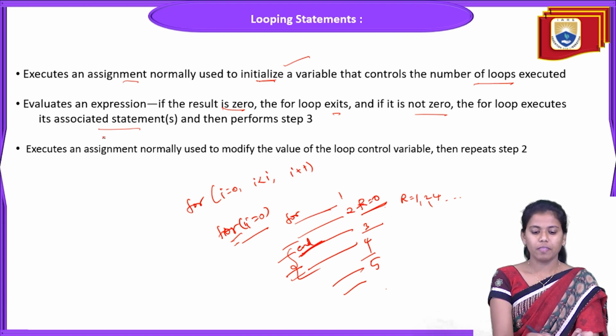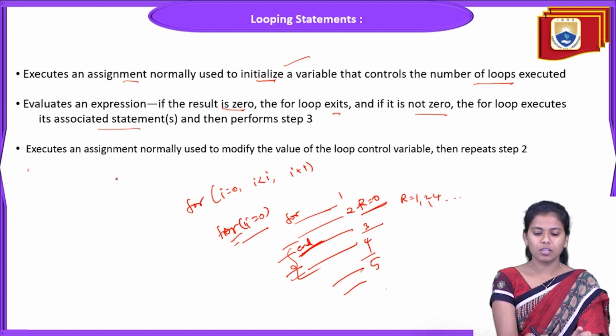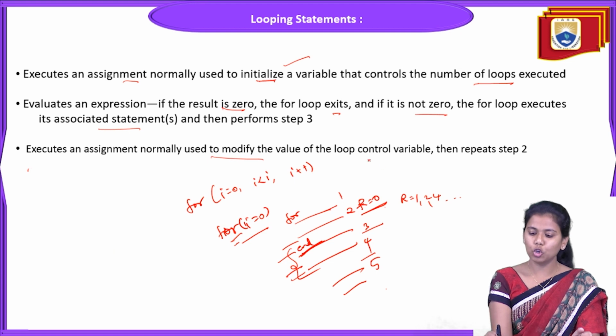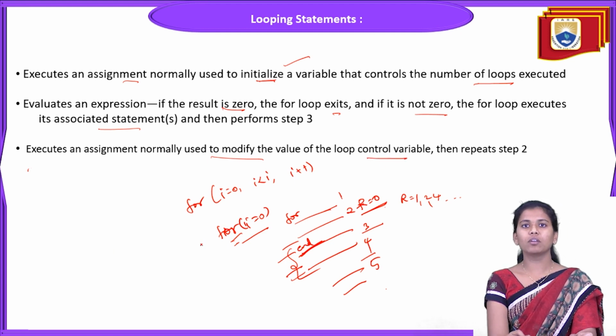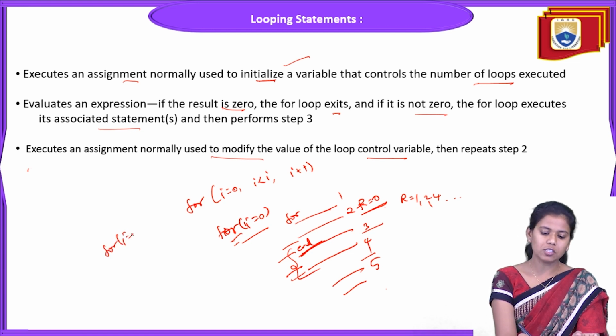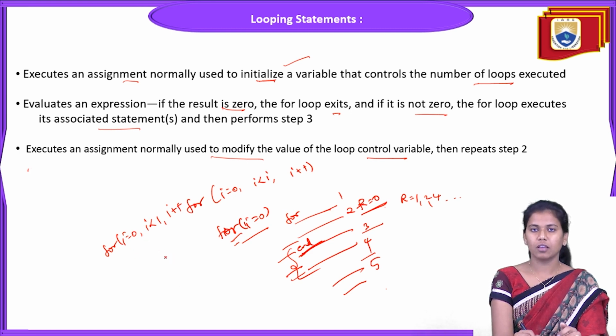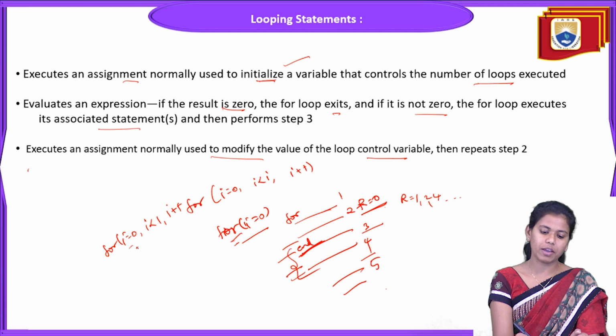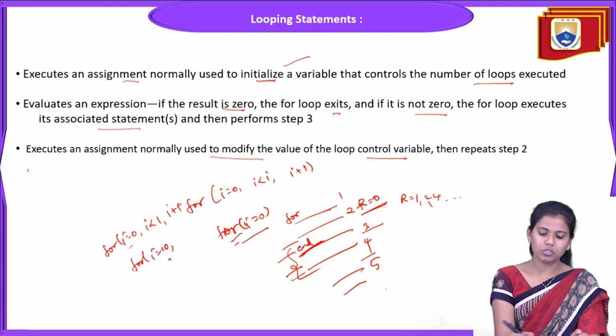And the third one is that it executes an assignment, normally used to modify the value of the loop control variable. For example, for I is equal to 0, I less than 1, I plus plus is my initial variable condition. Sometimes I want to change the value of some variable, for instance, instead of 0, I want to place I is equal to 10.